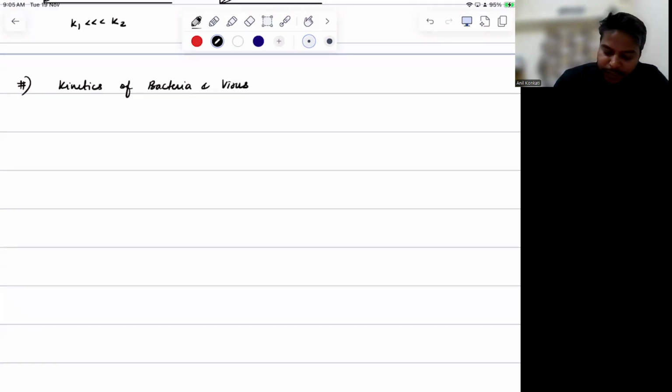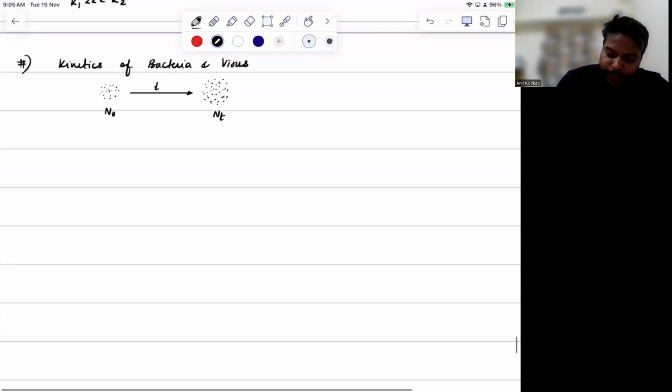So suppose you have the initial number of virus particles as n naught, and after time t, whether it is virus or bacteria, they have reproduced and increased their number of organisms to nt.